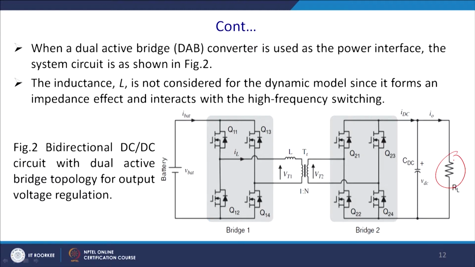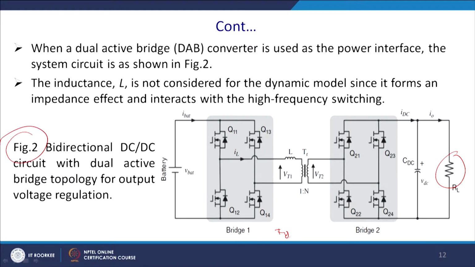If it is resistive, it definitely cannot send back the power, but if it is some kind of regenerative load or has other features, then it can be bidirectional. So, the dual active bridge converter is used for the power interface. The system circuit is shown in figure 2. This is figure 2.